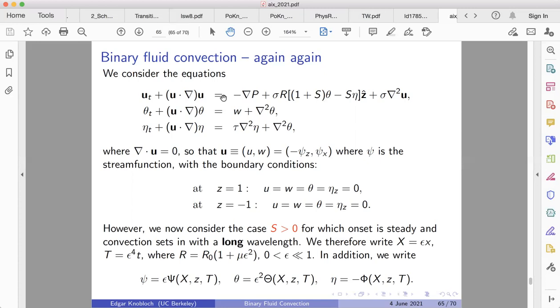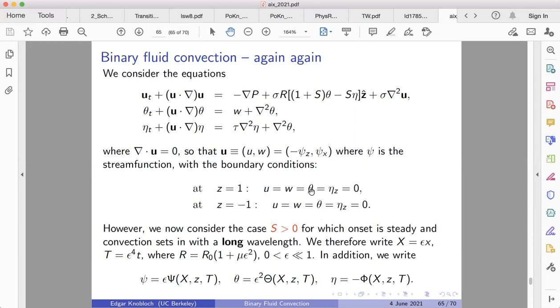So remember, this is the case where the concentration aids the destabilizing effect of the temperature, because the heavier component migrates towards the cold upper boundary of the layer. Okay, so I'm going to impose boundary condition at z equals 1, z equals -1. It's just for convenience.